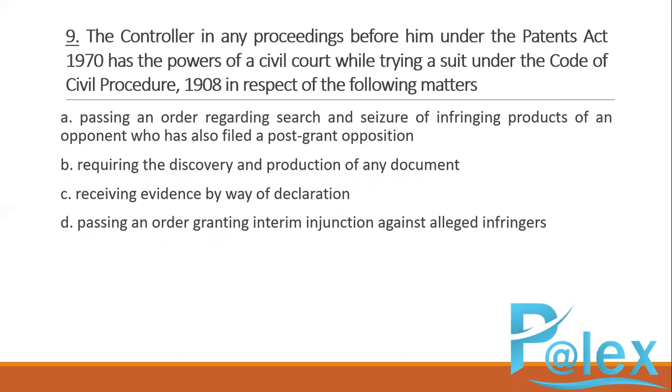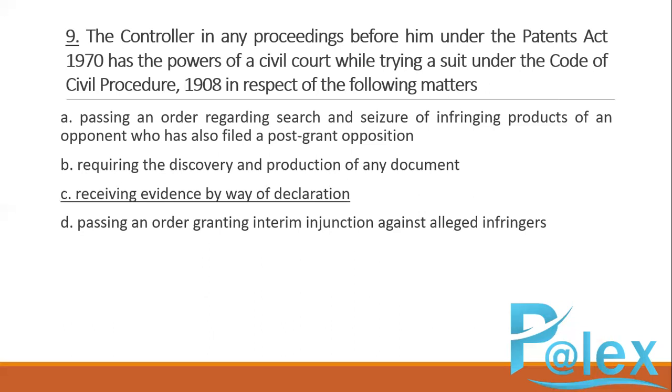First, passing an order regarding search and seizure of infringing products of an opponent who has filed a post-grant opposition. This is a wrong answer actually. B, requiring the discovery and production of any document. C, receiving evidence by way of declaration. D, passing an order granting interim injunction against the alleged infringers. Now, the correct answer in this case is C.